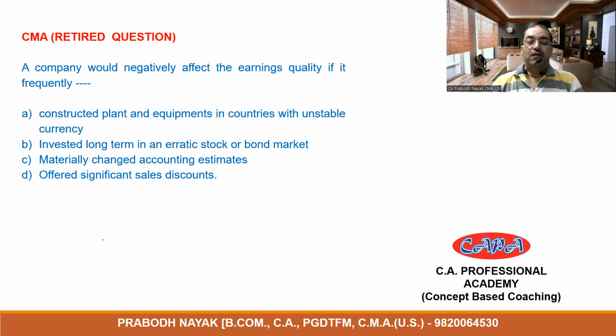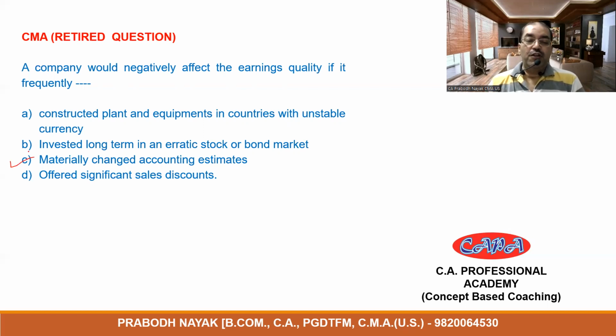Now, if you see here, immediately it should strike you. Accounting policies. We said now, estimation of your implementation of accounting policies, selection of accounting policies, application of accounting policies. So if that is not going to be fixed, then there is chaos. Okay. So materially changed accounting estimates. This is the right answer.